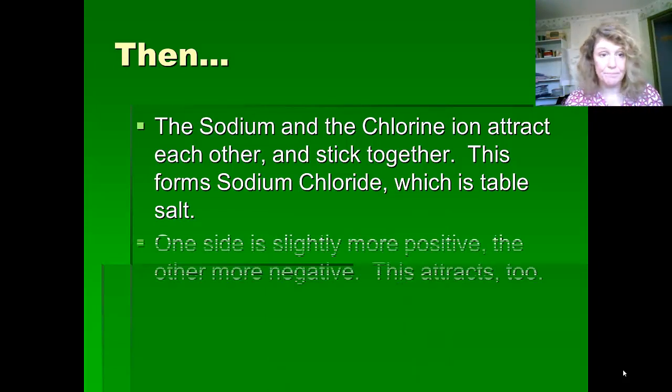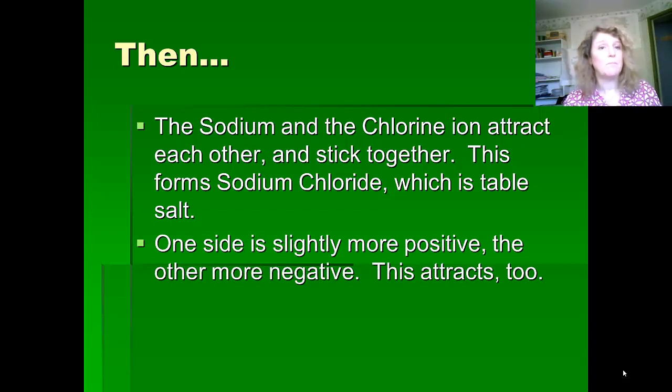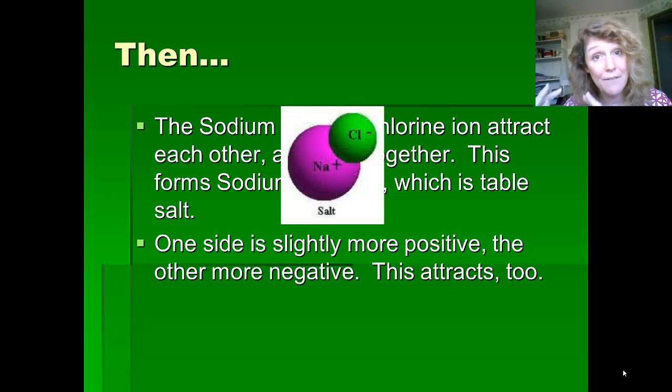Now, the cool thing about sodium chloride is that you've got two atoms, and one side has more electrons on it than the other side does. The chlorine side of the sodium chloride is a little more negative than the sodium side, so the sodium side has a slightly positive charge.